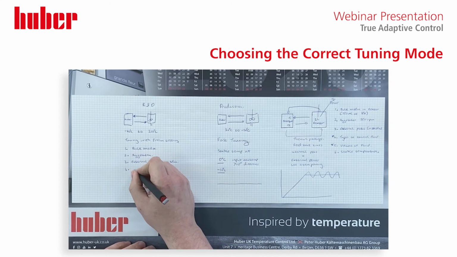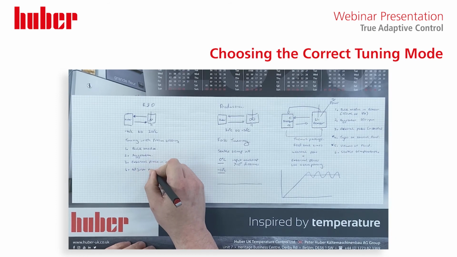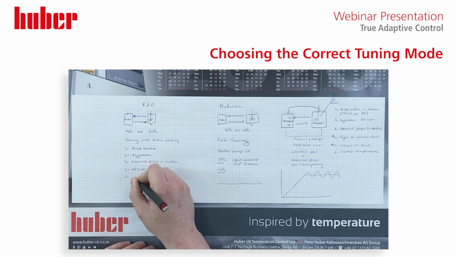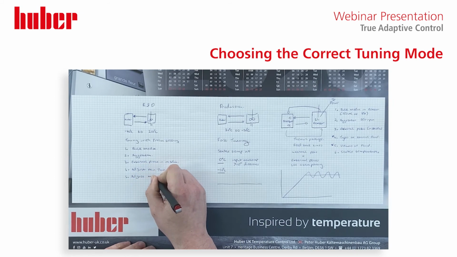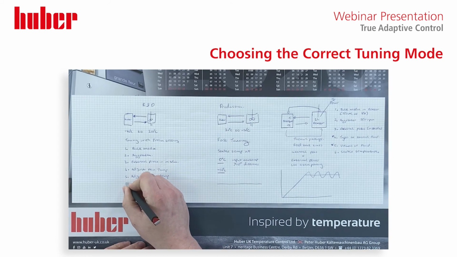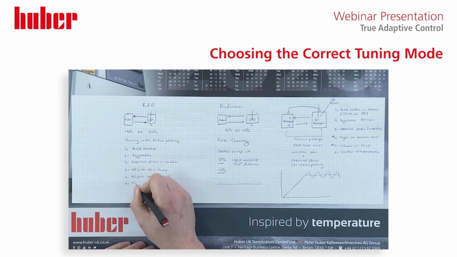Now 4 is slightly different on this one. 4, we're going to adjust our min temp. 5, we'll adjust our max temp. And then of course we need to do as before, 6, type of HTF.